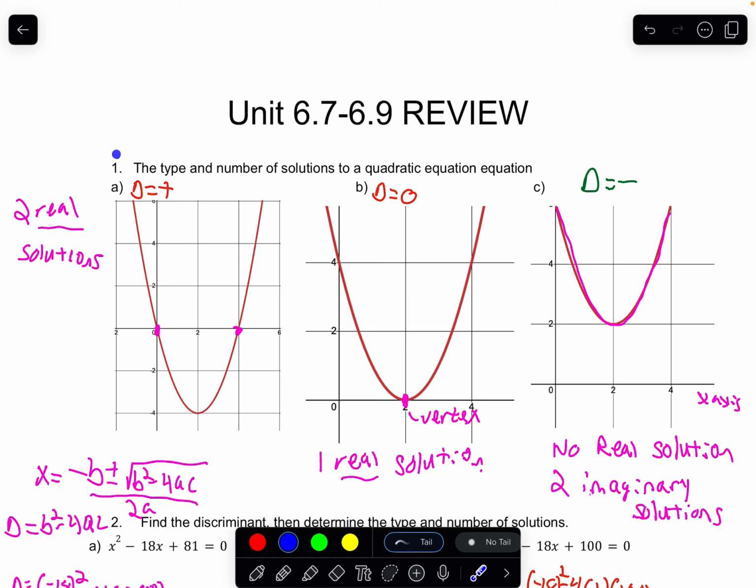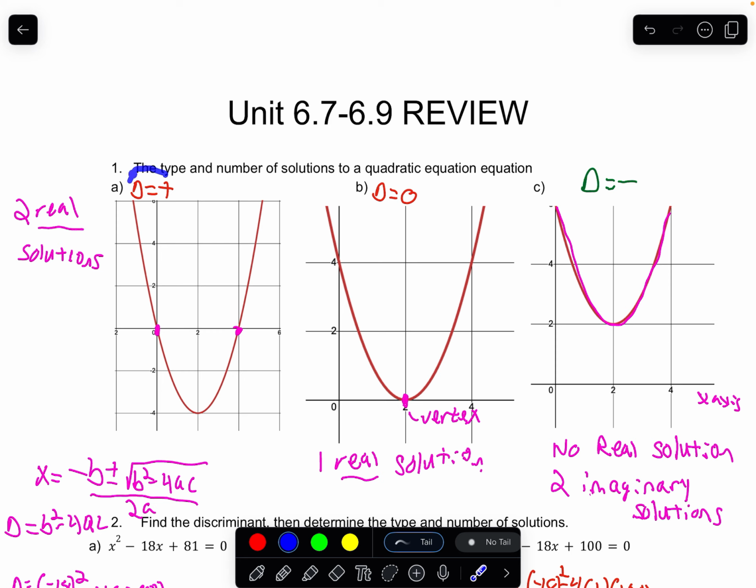All right, the first question will be the type and number of solutions to a quadratic equation. Yes, there's a typo there. Sorry about that. You have three types. You have a graph that crosses the x-axis twice. That's two real solutions, because a real solution is an x-intercept of the graph.